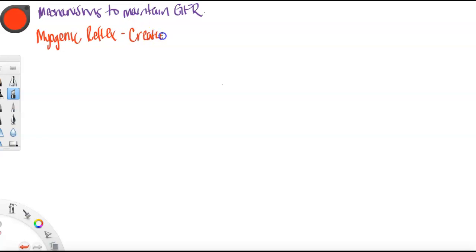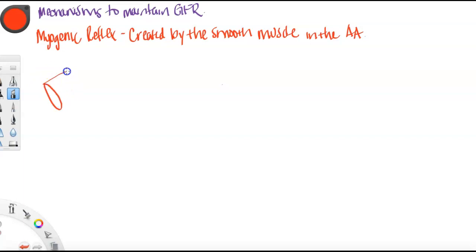So this is created by the smooth muscle in the afferent arteriole. We know it's an arteriole, so it's going to have these little bands of smooth muscle around it, right?